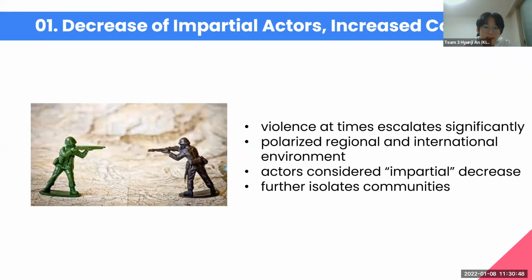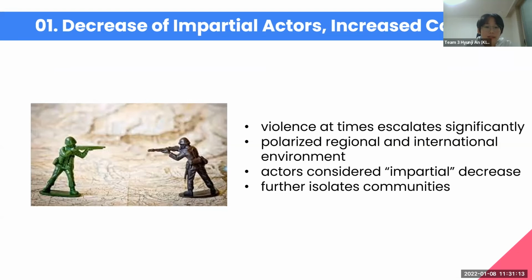Within this increasingly polarized regional and international environment, the number of actors considered impartial has continued to decrease, having the unfortunate overall effect of further isolating these communities and making the situation for already vulnerable communities much more precarious.